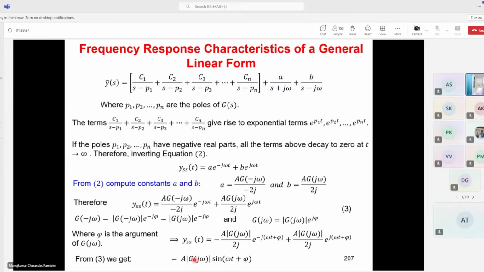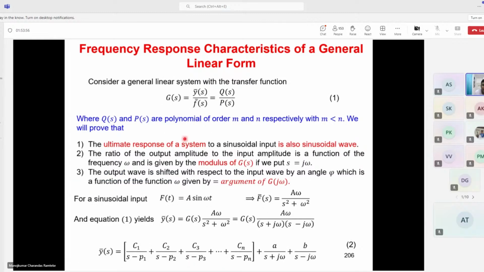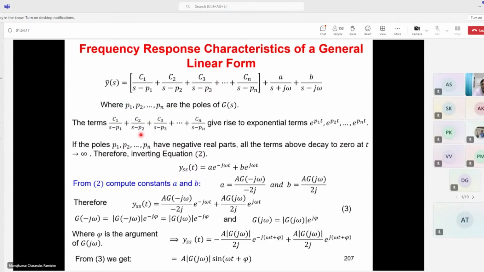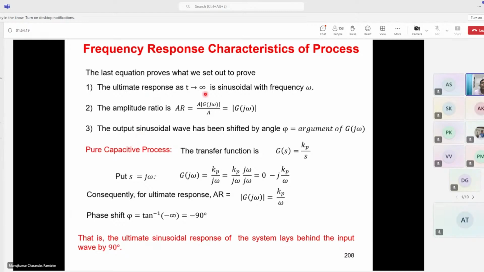So you can see that this result is actually a generalized result for any transfer function G of s, provided that the transfer function corresponds to a stable system. Do you all agree? Yes or no? Yes, sir. So that is what we are concluding here.